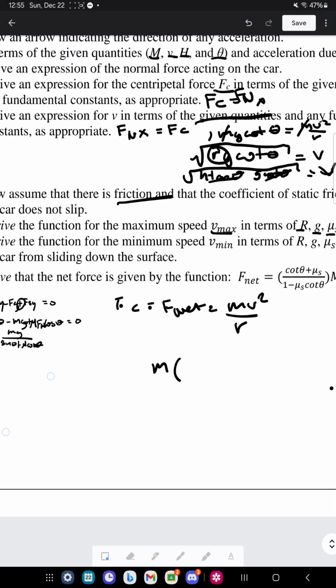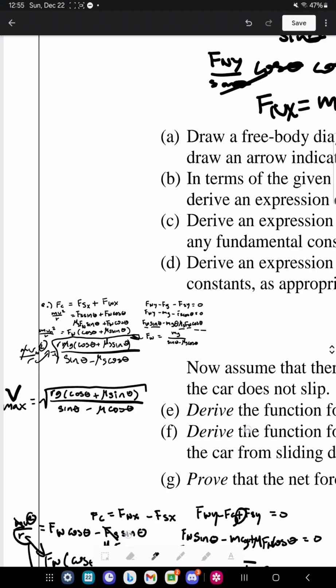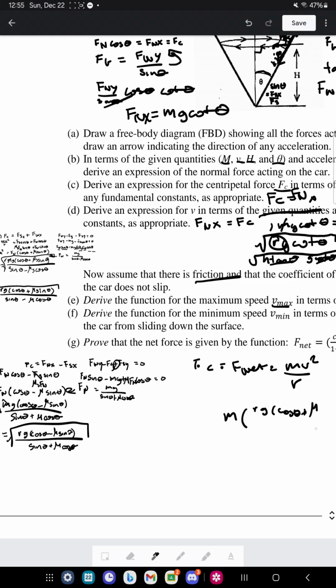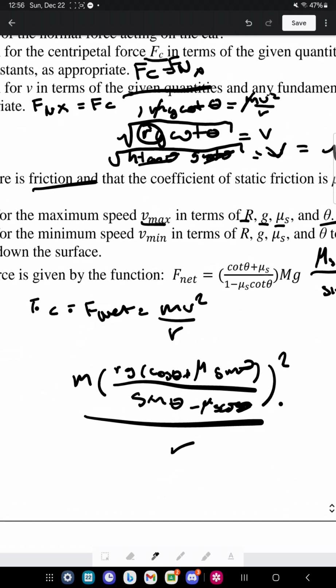Okay. Rg cos theta, actually we should use our Vmax function, so it's plus mu sine theta over sine theta minus mu s cosine theta, square root over r.